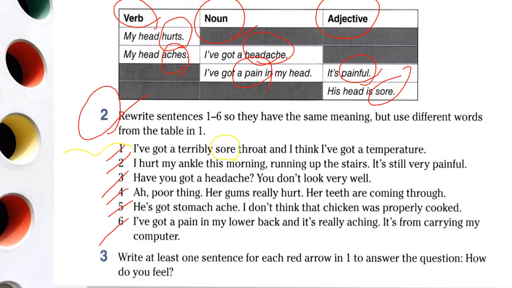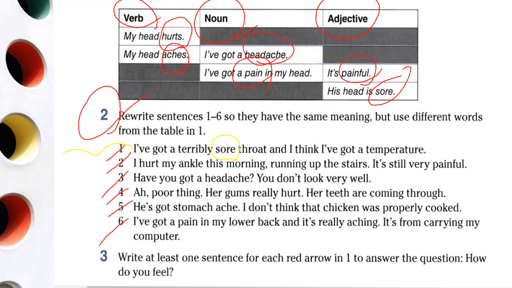So we can say, my throat sores. Here I have transformed the word sore, which was actually an adjective in the original sentence, into a verb in the transformed sentence. Okay.